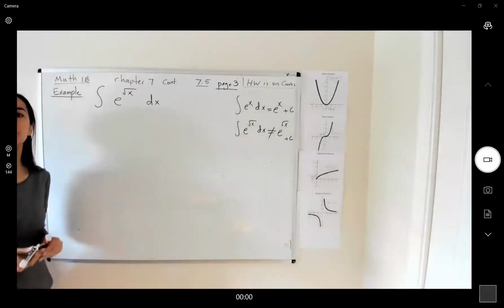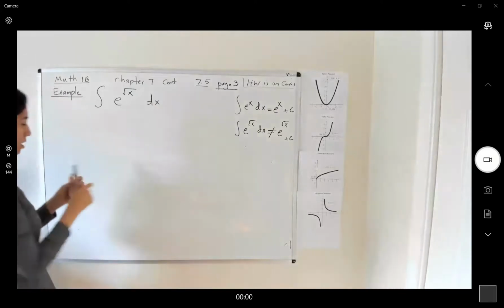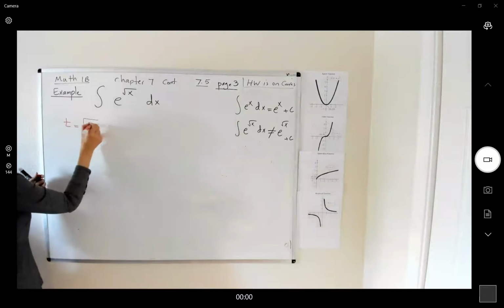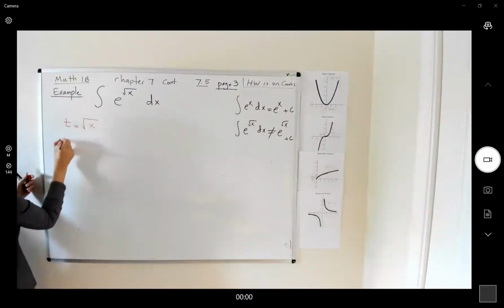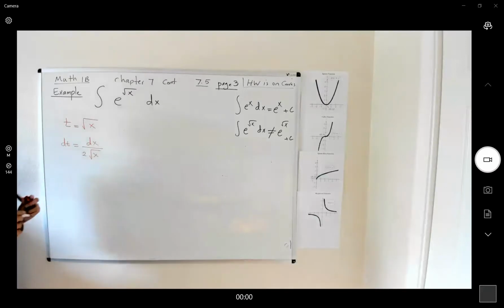So what I'm going to do instead, I'm going to use a substitution. I'm going to let t to be square root of x, then dt is equal to dx divided by 2 times square root of x. Okay.